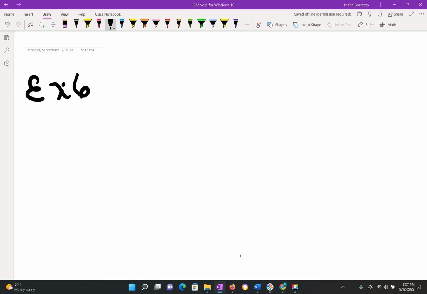In example 6, we're finding the derivative. So they're giving us the following. They say find the first derivative. And you know it's the first derivative because there's only one prime.